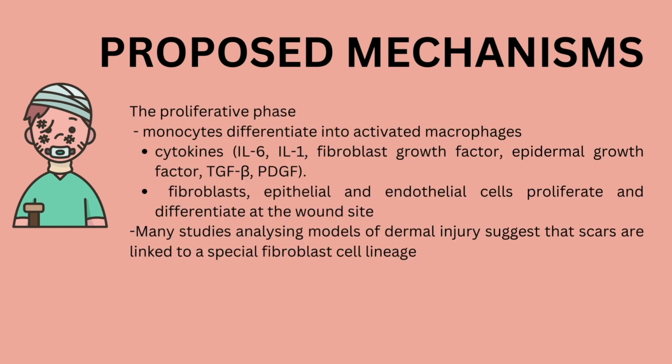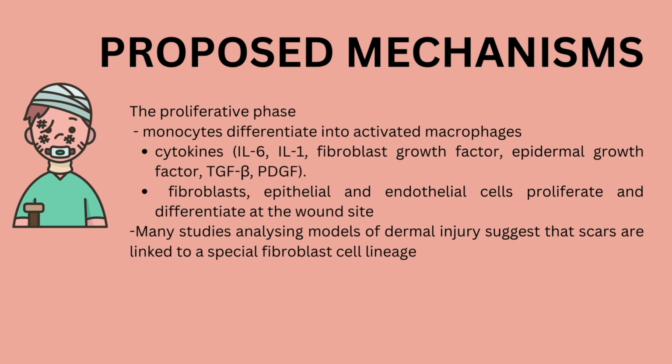After there is damage to the mucosa, after hemostasis and inflammation, there is this proliferative phase where monocytes differentiate into activated macrophages, and these macrophages then secrete other cytokines as well, especially transforming growth factor beta, which stimulates fibroblast and epithelial and endothelial cell growth and proliferation at the injured site. And this fibroblast proliferation can lead to excessive scarring.